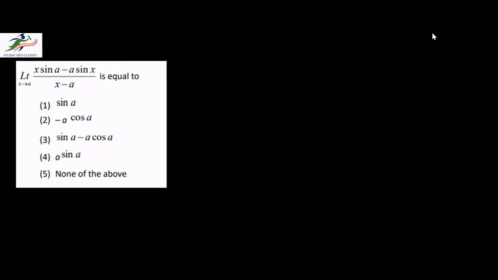In this question, we are asked to find the limit as x tends to a of x sin a minus a sin x over x minus a. So we can write x minus a equal to y. Therefore, as x tends to a, y tends to 0.